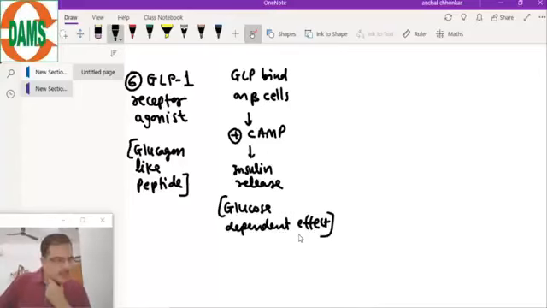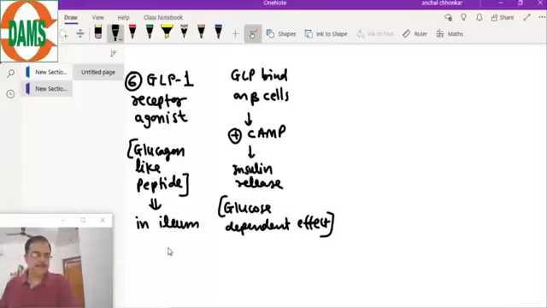But why is it a glucose dependent effect? Reason is that GLP, glucagon like peptide, is in the ileum. There are cells known as L-type cells in the ileum, and they are stimulated by the food that we take.